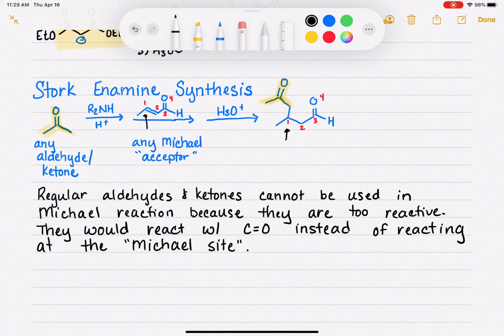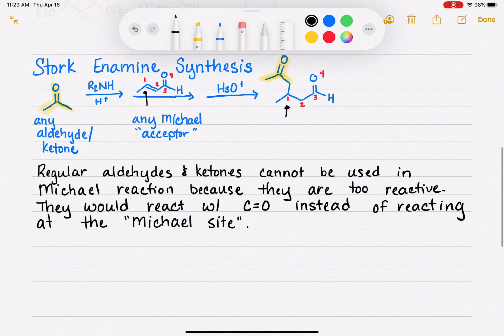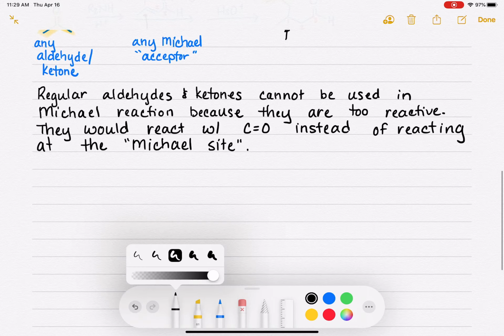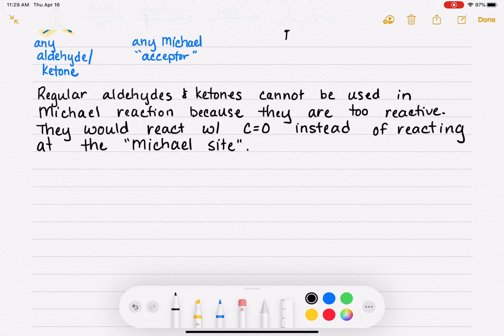So let's take a look at exactly what this would look like, kind of step by step, in the reaction, and then we'll look at a couple of examples. So this is going to be not an arrow pushing mechanism, but more like a mechanism than what I drew originally, the generic reaction. So first thing that we're going to do is make the enamine with whatever aldehyde or ketone we're working with.